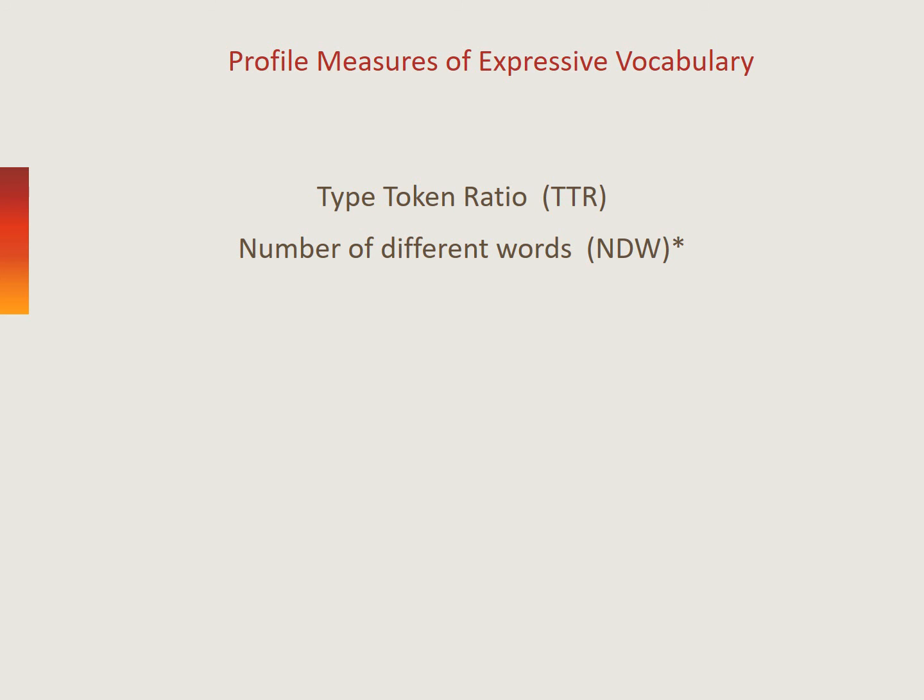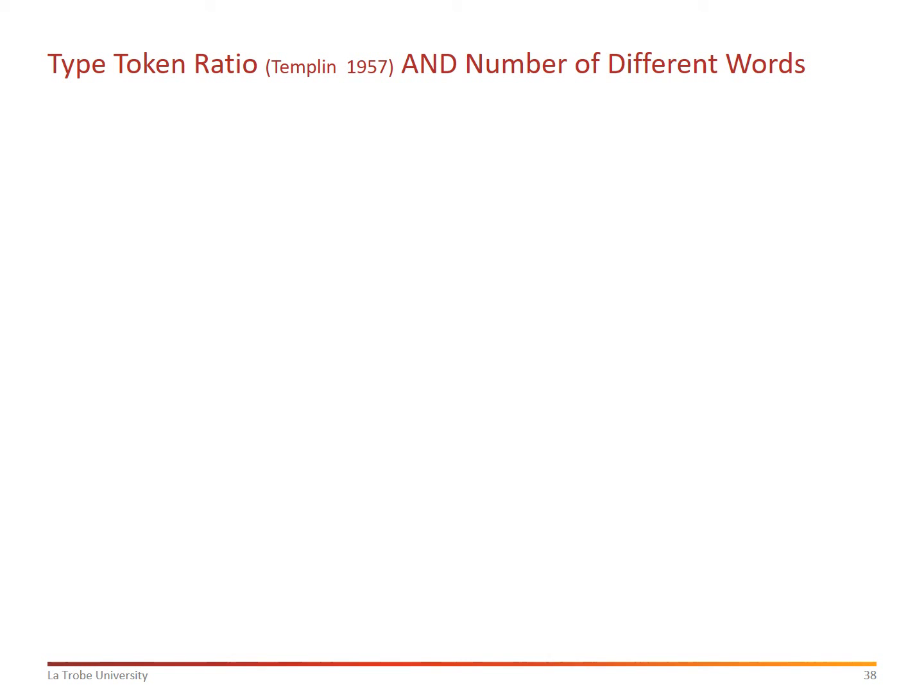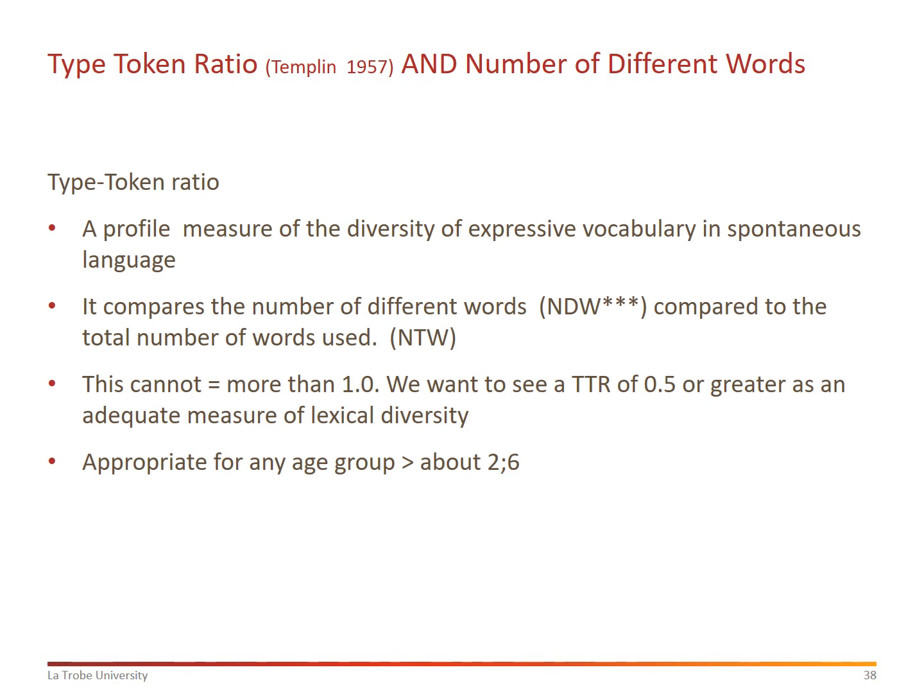I'm going to briefly talk about type token ratio, and I've asterisked number of different words because that is probably the most important factor and the area of TTR that takes some practice. So, it's defined as a profile measure of the diversity of expressive vocabulary. It must be done using spontaneous language, not through some sort of formalised testing.